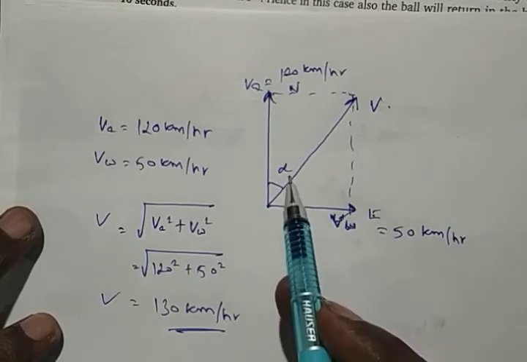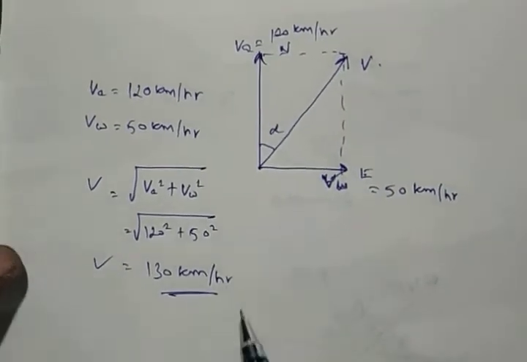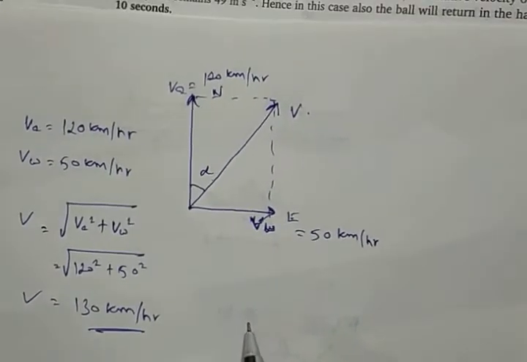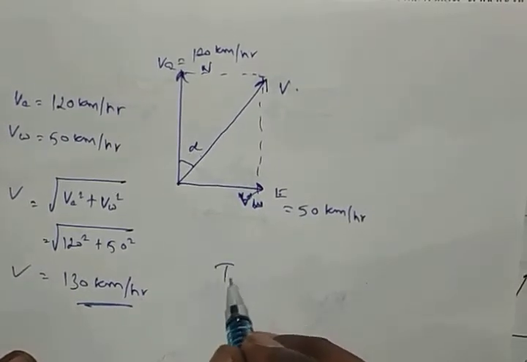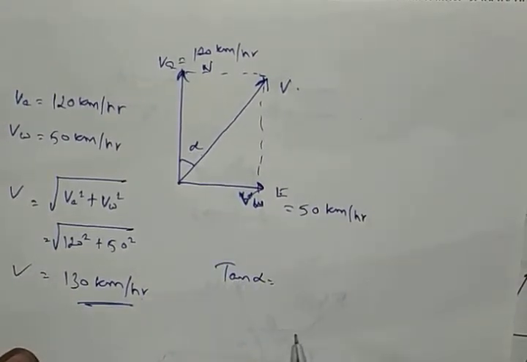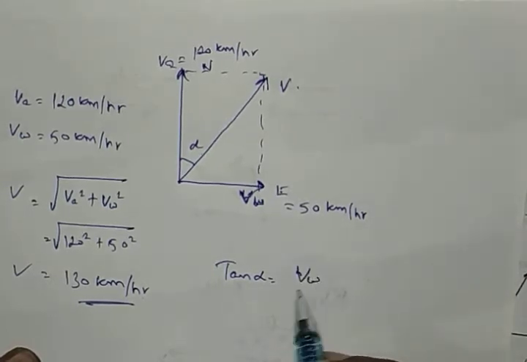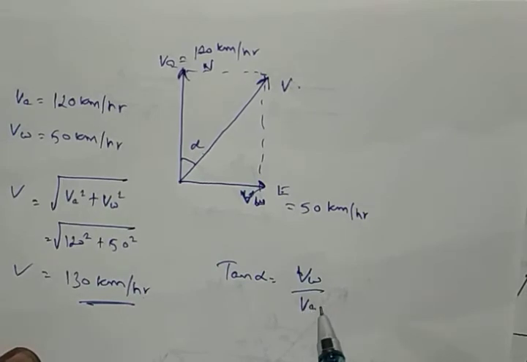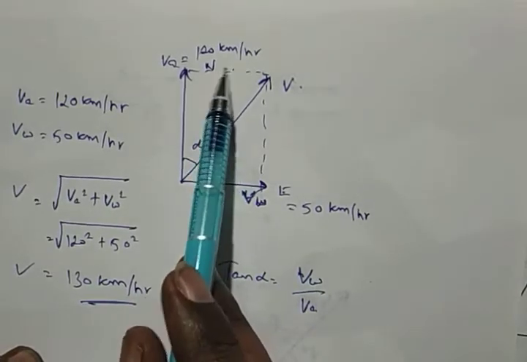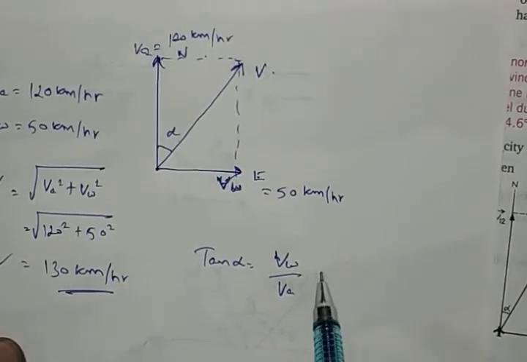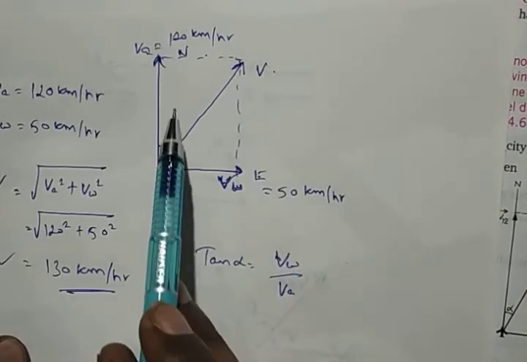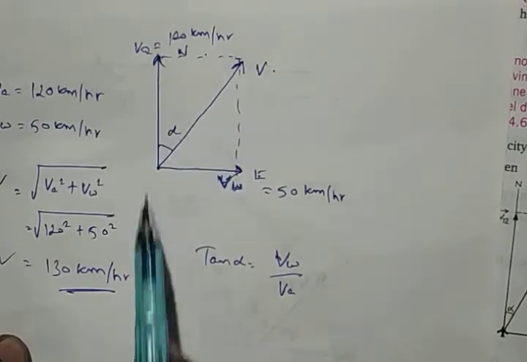And you can find out the angle also in which it will travel. The angle will be taken here. You can find that tan alpha is going to be equal to VW upon VA. That is opposite upon adjacent side.